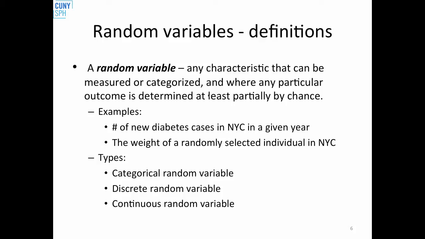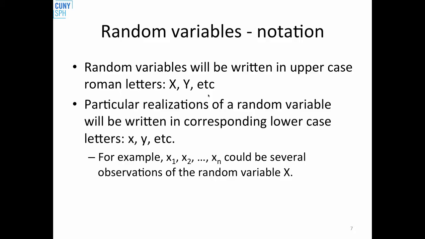One way to categorize the major types of random variables is as categorical random variables, discrete random variables, or continuous random variables.